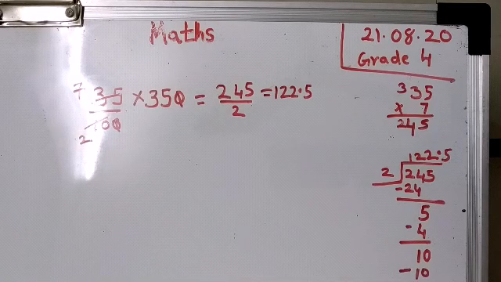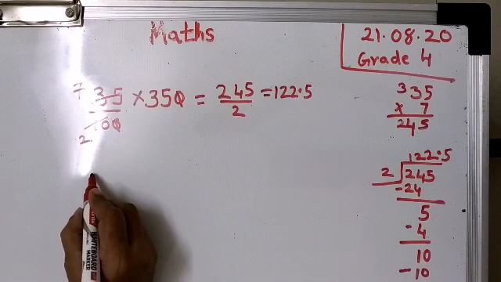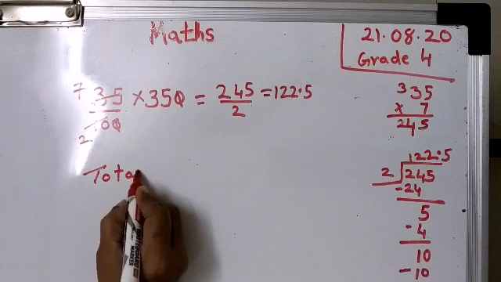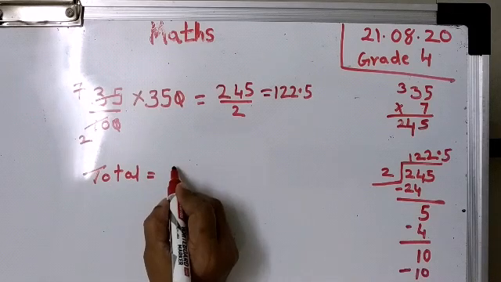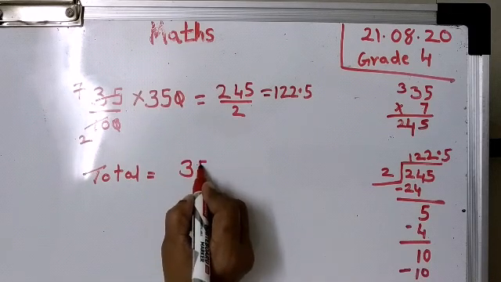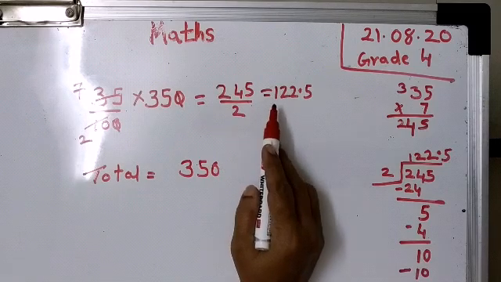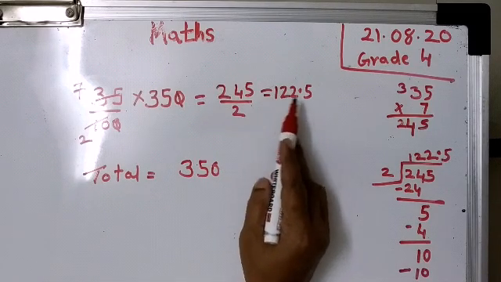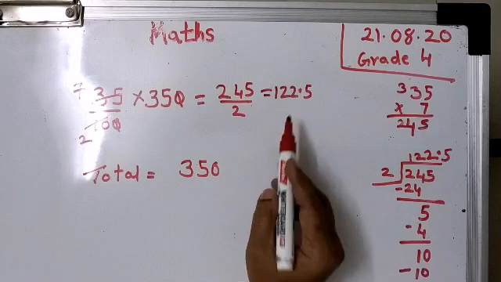Now children, look here what we have to do. This is very important. Most of you have done the mistake here. Now what's the total amount she had? Yes, the total amount she had is rupees 350. And 122.5 is the money she spent, right?